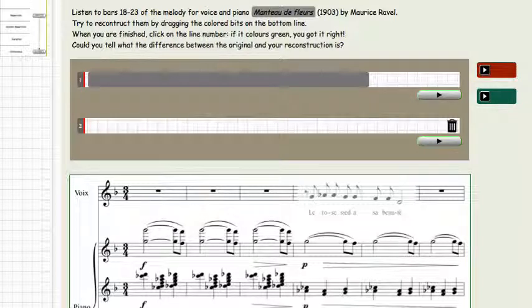In this melody by Maurice Ravel, we have six bars in this excerpt.